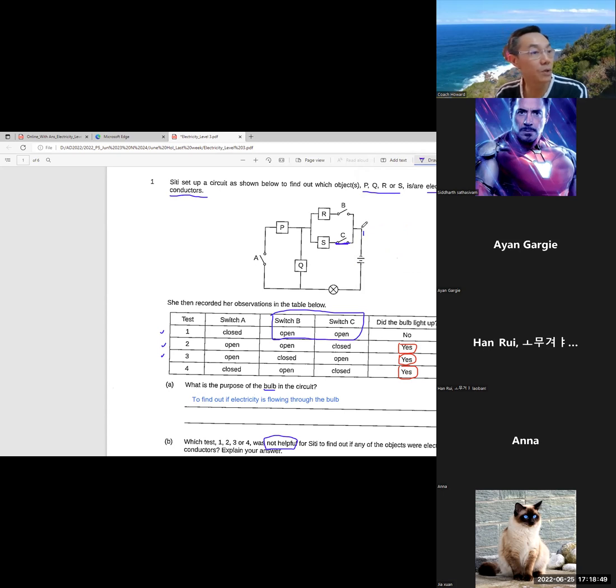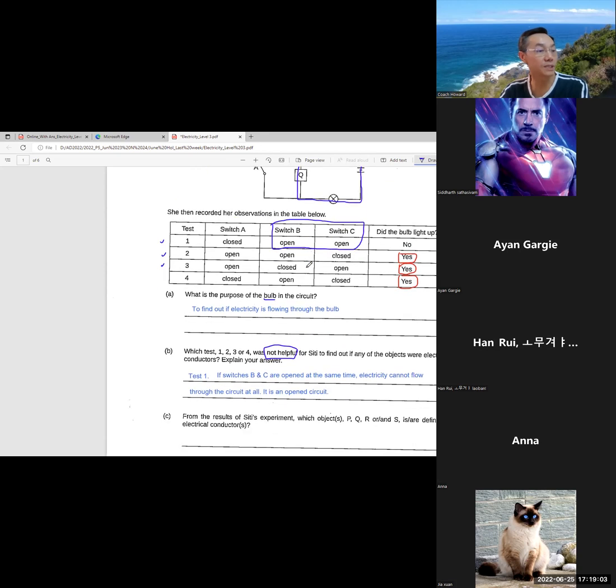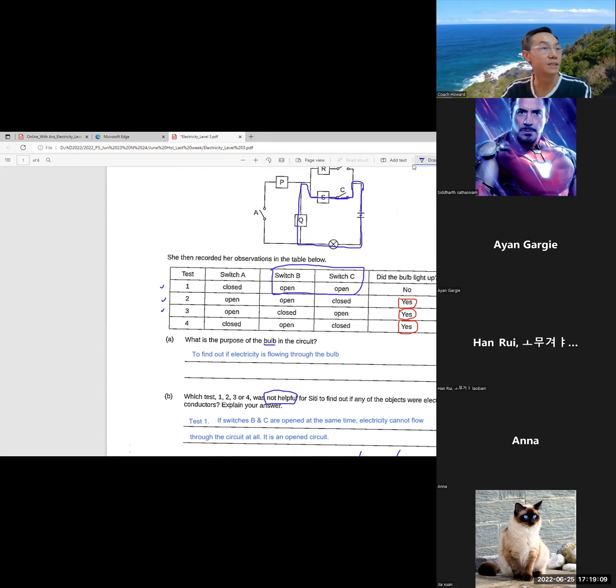The current goes through here and comes down and lights up the bulb. So in this circuit, they say definitely, so can you see S and Q are definitely electrical conductors? So I put here S and Q. You take first. Then I erase this again.